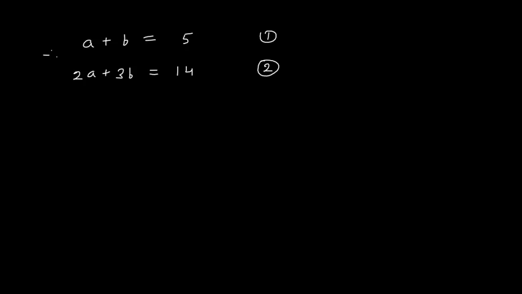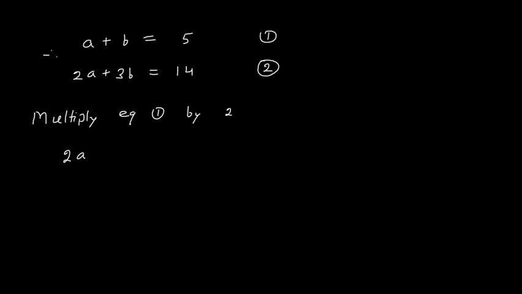Now if I multiply equation 1 by 2, we have to solve this. So how do we solve? At least for one variable we will make the coefficient the same. So multiply equation 1 by 2.